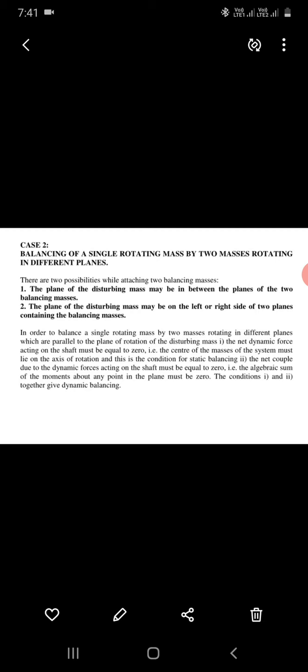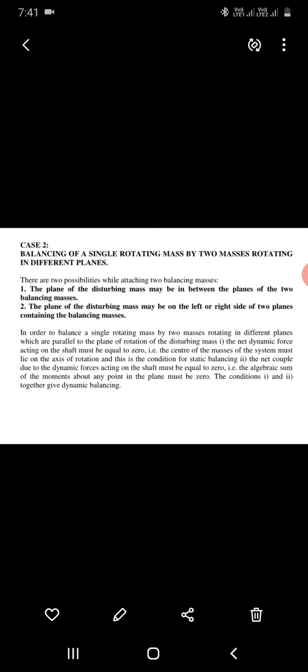Means at rest, the center of gravity should be on the axis of rotation. Second, the net couple due to dynamic forces acting on the shaft must be 0. That is, the algebraic sum of the moments should be 0, which is nothing but the dynamic balancing.